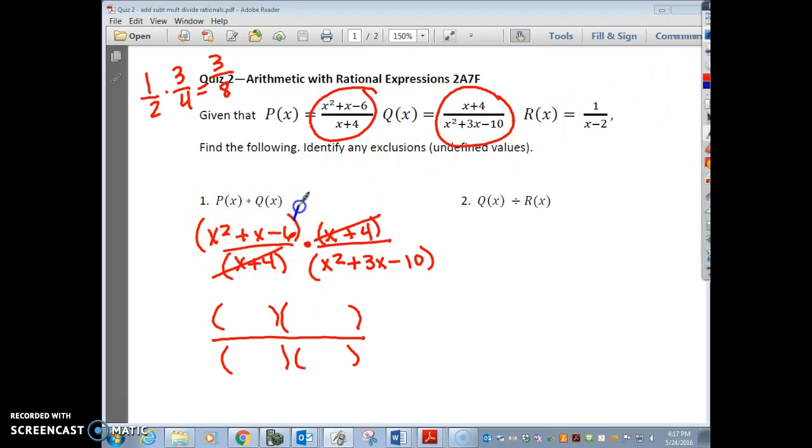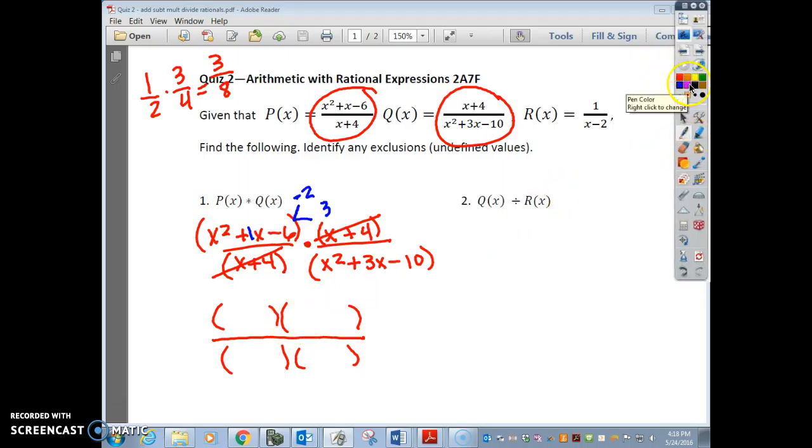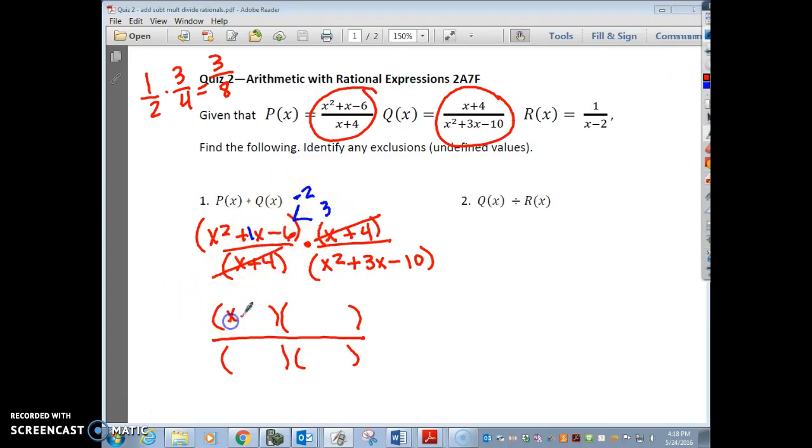Well, we have -6. We're going to look for the two factors of -6 that add up to 1x, right? So the factors of -6 are going to be 2 and 3. One of these has to be negative. This is a positive, so that means that the 3 is positive, and this one's negative. 3 minus 2 is 1. So my factors right here are going to be x minus 2, x plus 3.